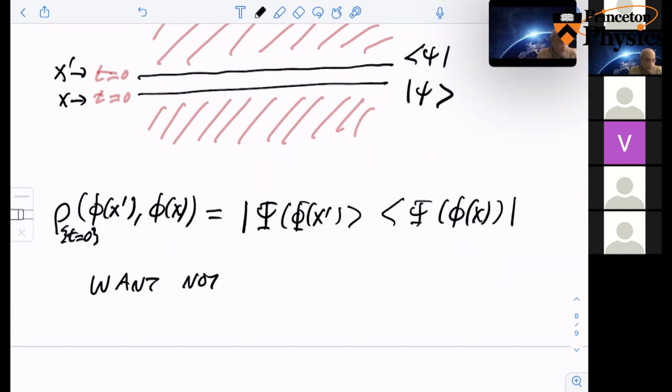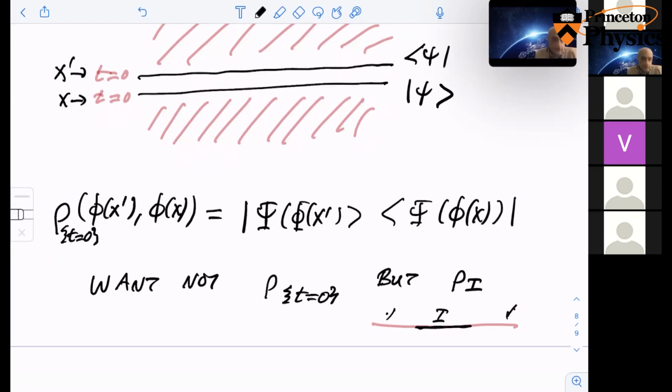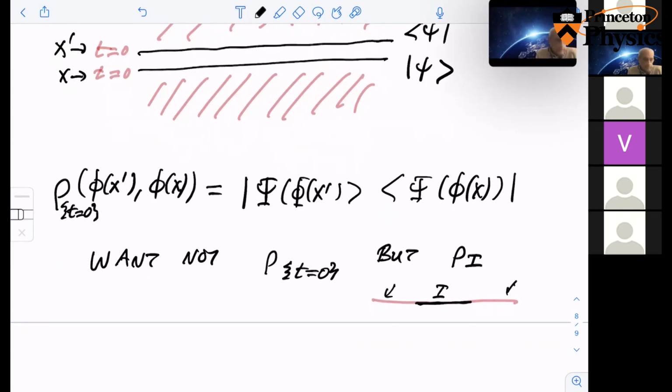We want not rho for the whole t equals 0 hypersurface, but rho for an interval I. Let's say this is the interval I, and we want to integrate out, to use the jargon, the fields elsewhere. We want to construct a density matrix just for fields in the region I, not for the fields outside.